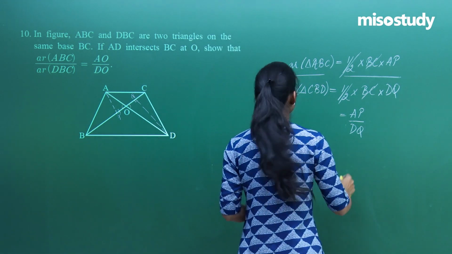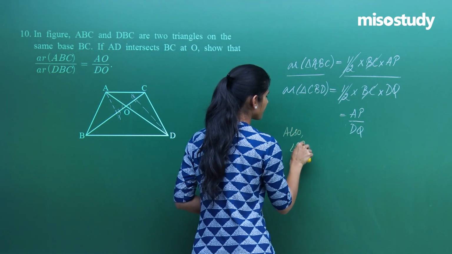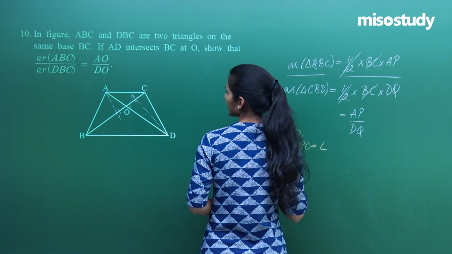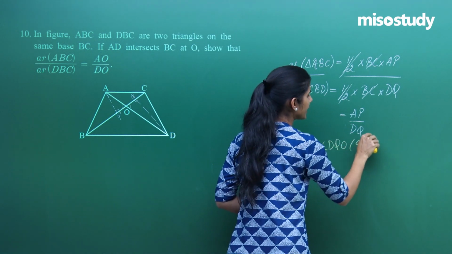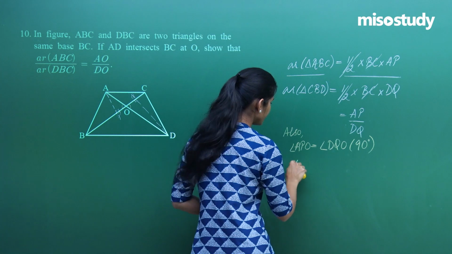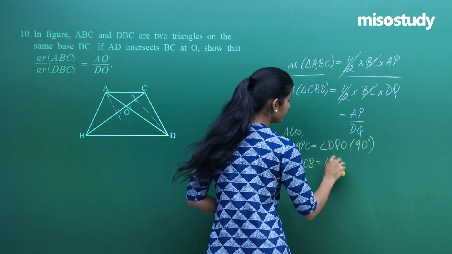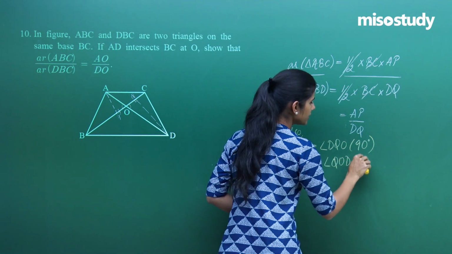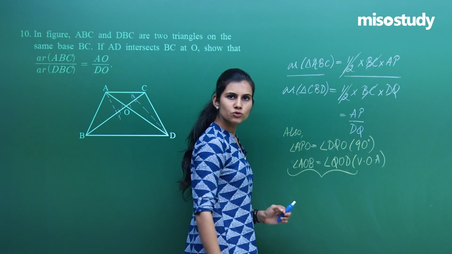So I have angle APO is equal to angle DQO because each is of measure 90 degrees, and angle AOP is equal to angle QOD because they are vertically opposite angles. Two angles of one triangle are equal to two angles of the other.